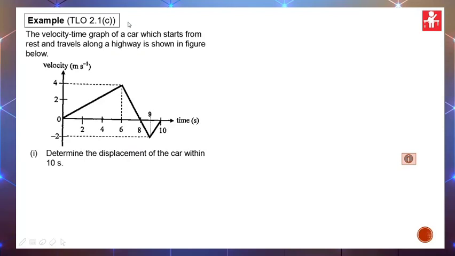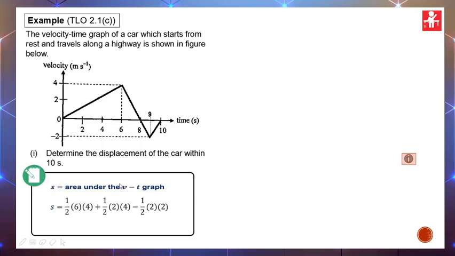Let's do one example over here. The velocity time graph of a car which starts from rest and travels along a highway is shown in the figure below. So the velocity is your y-axis, time is your x-axis. First, determine the displacement of the car within 10 seconds. How? Since this is the velocity time graph, you can get the displacement of the car from the area under the graph.